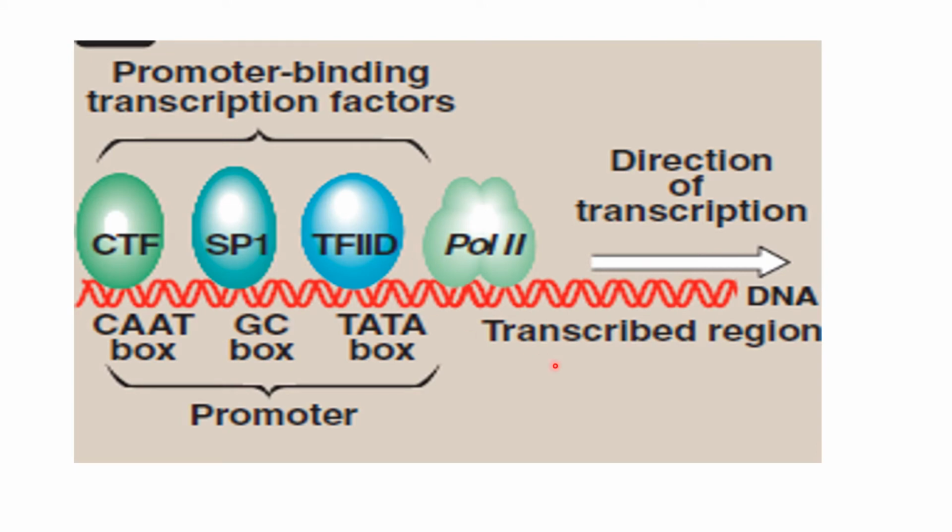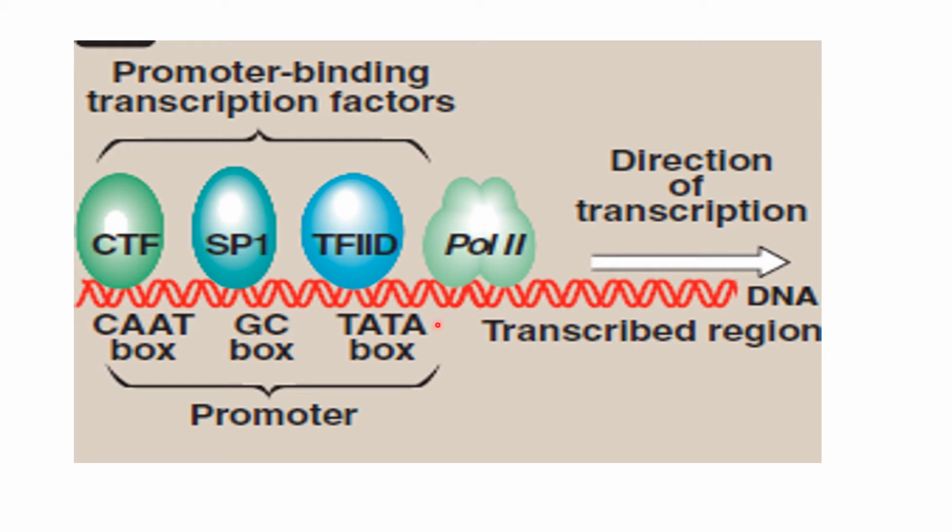Here is the binding of the different factors to their different regions. For example, the GC box is responsible for the binding of SP1 transcriptional factors. The CAAT box is responsible for the binding of the CTF factor. Similarly, the TATA box binds the TFIID transcriptional factor, and then polymerase 2 also binds these transcriptional factors so as to mediate the transcription.